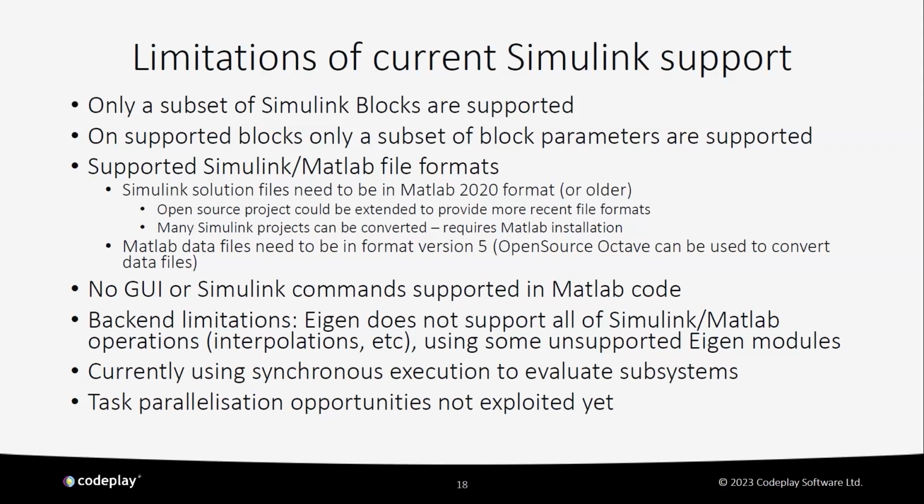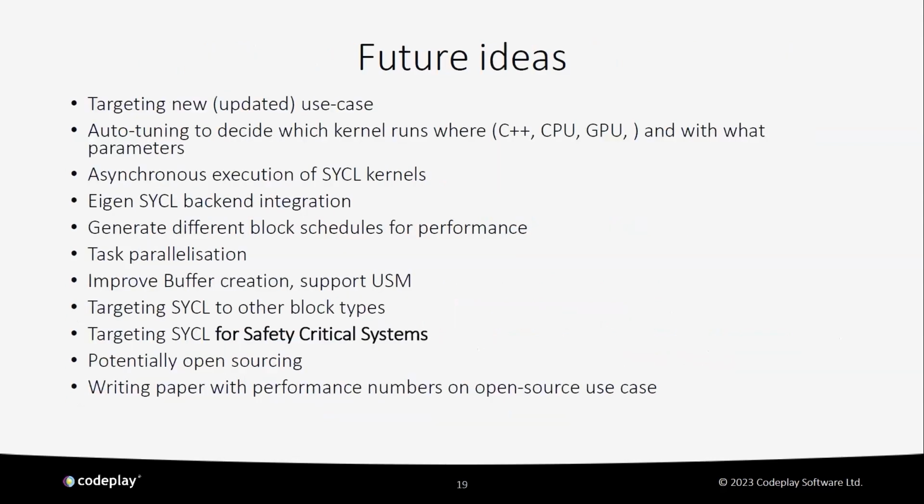Currently it's using synchronous execution, which means this parallel for-each that I showed you needs to wait until everything is finished, when it would be better to launch all the different iterations asynchronously. And there are task parallelization opportunities that are not exploited yet: different subgraphs of the block that could be evaluated in parallel are currently executed in sequence, so this can be parallelized.